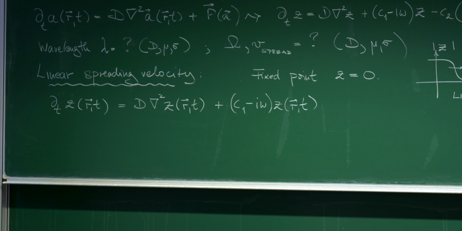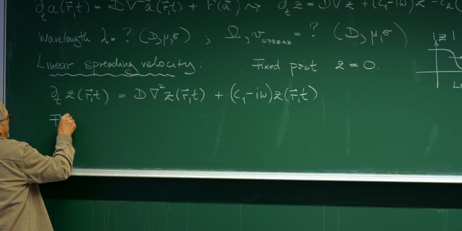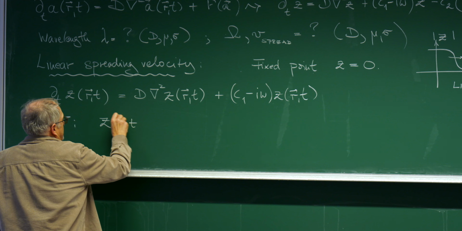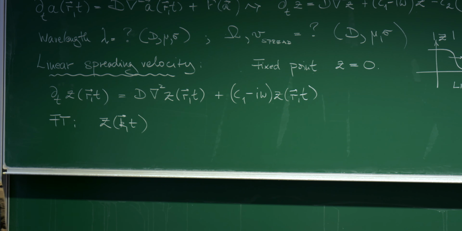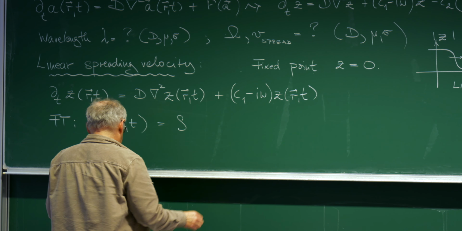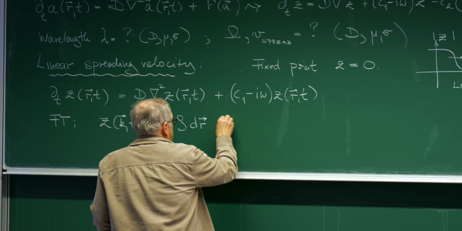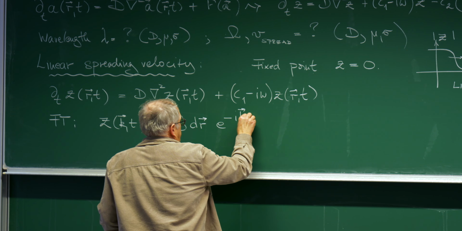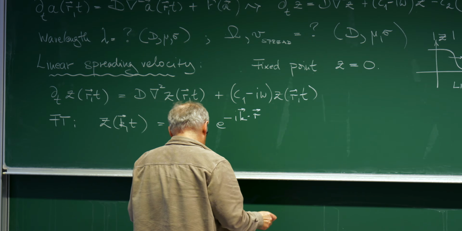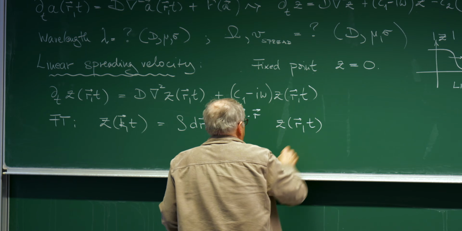Once you have a linear equation, you go about solving that by Fourier transformation. That is, you define a Fourier transform z tilde of k and t equals the integral over R with a phase factor e to the i k r, z of r and t.